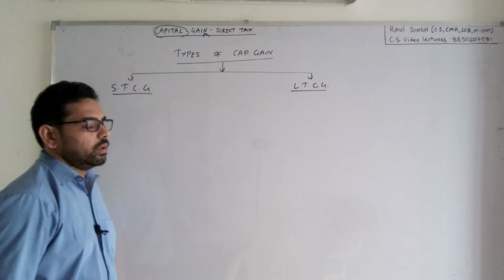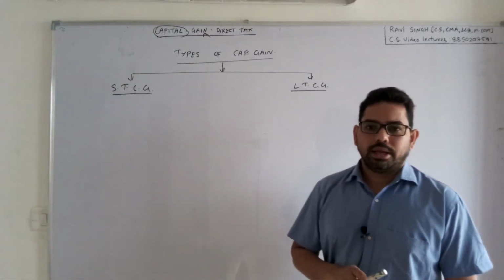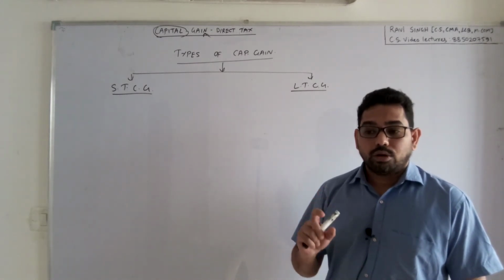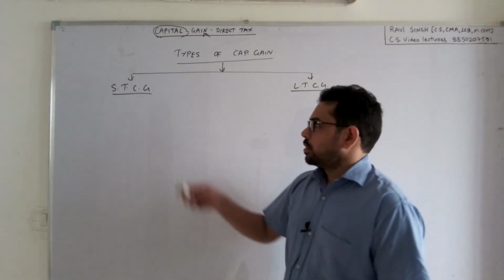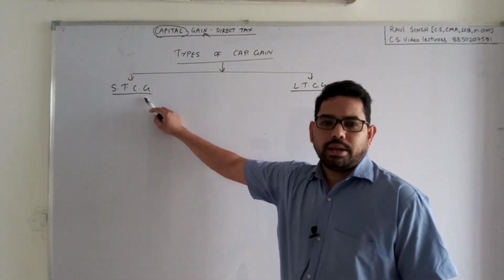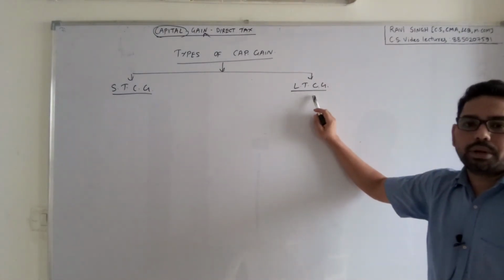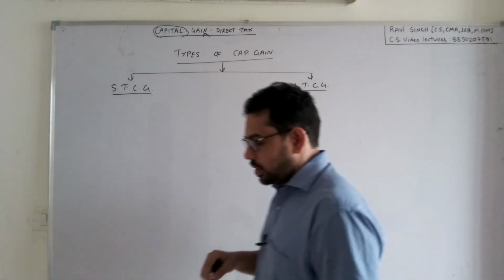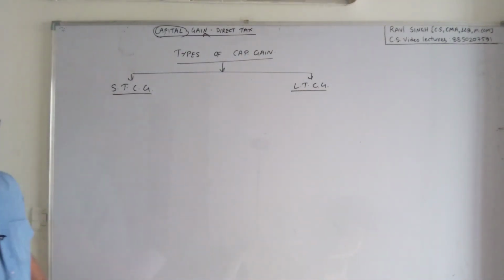Okay, short-term and long-term capital gain. And why are we learning these types of capital gain? The reason behind this is the rate of tax in capital gain, because in case of short-term capital gain there is a different rate of tax, and in case of long-term capital gain there is a different rate of tax. Okay, that's why we have to learn whether the capital gain is short-term or long-term.